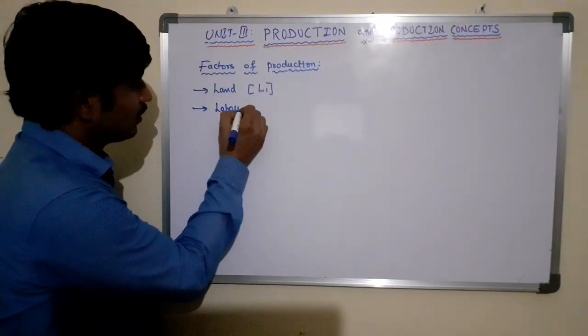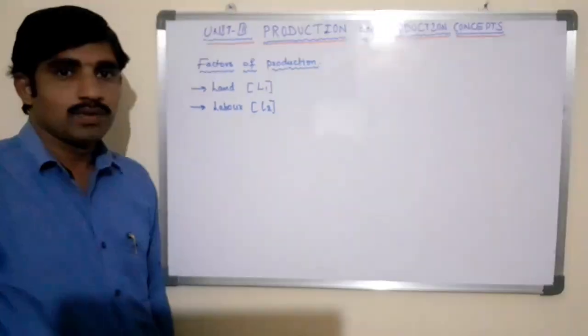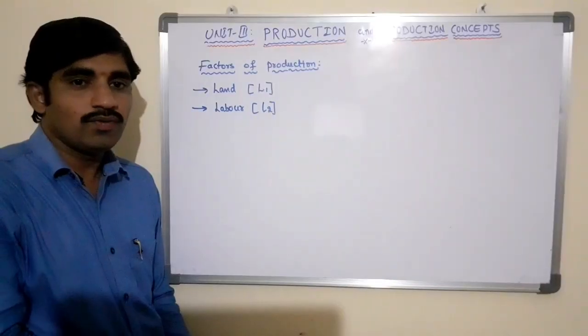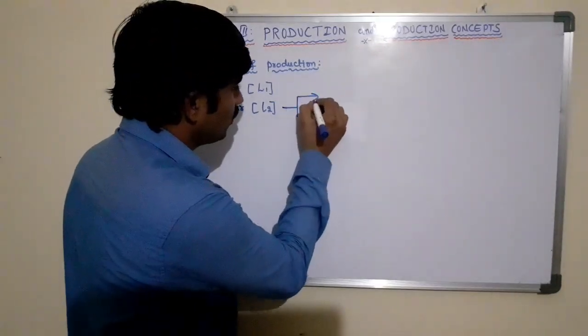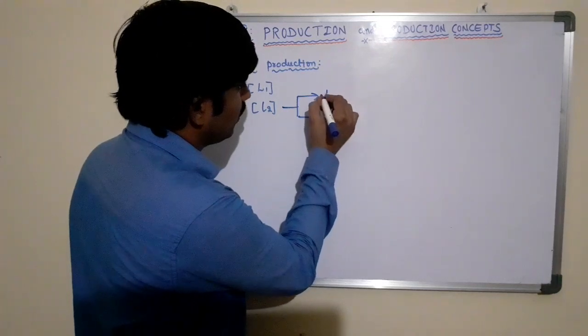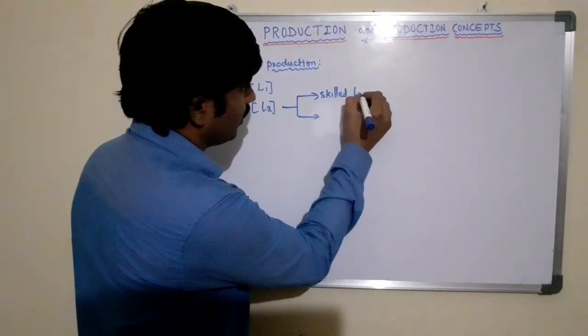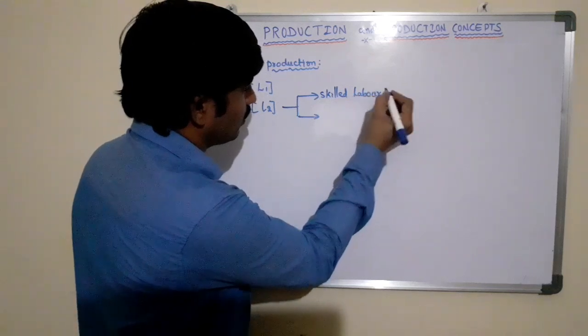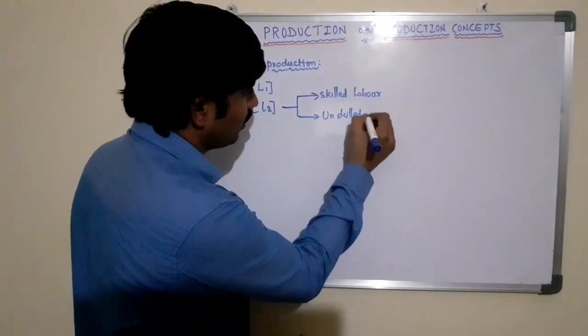The second one is labor, denoted by L2. Labor means human force, manpower. Labor may be classified into two: skilled labor, also called employees, and unskilled labor.